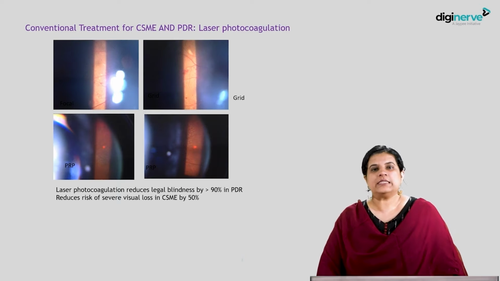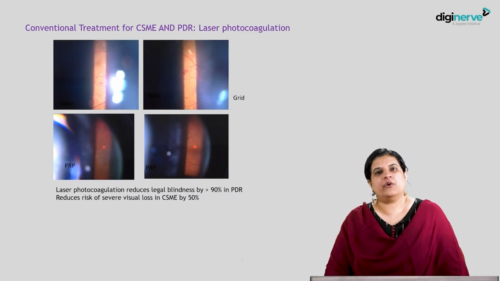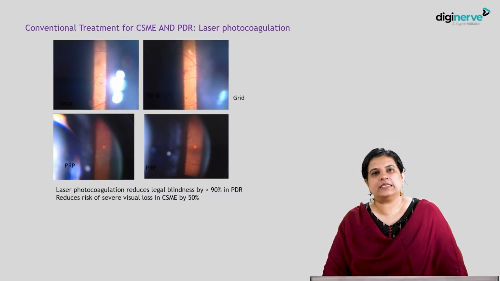Now, we always start the pan-retinal photocoagulation inferiorly. If you start this process in the superior arcades, then if there is any hemorrhage or bleed, the hemorrhage will gravitate inferiorly and will preclude you from doing the laser of the inferior part. Therefore, the inferior retina is always lasered before the superior retina.